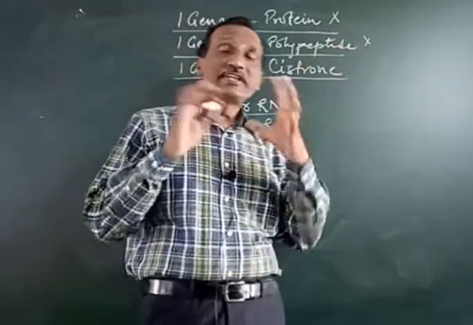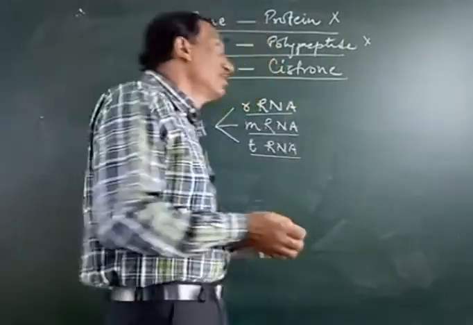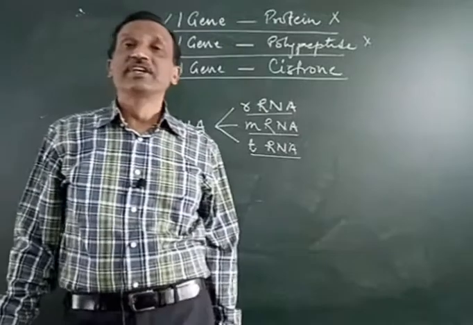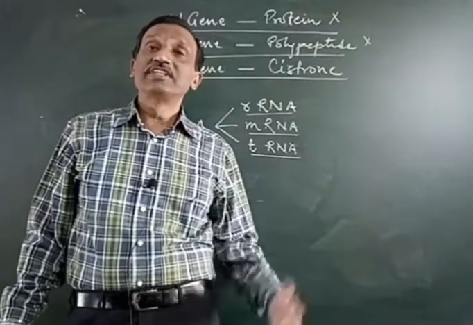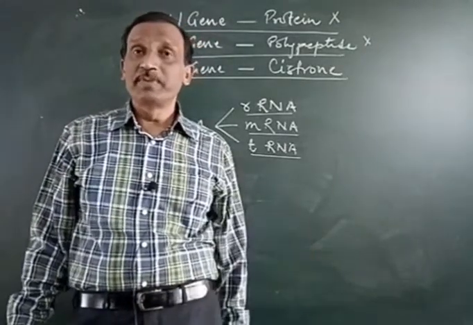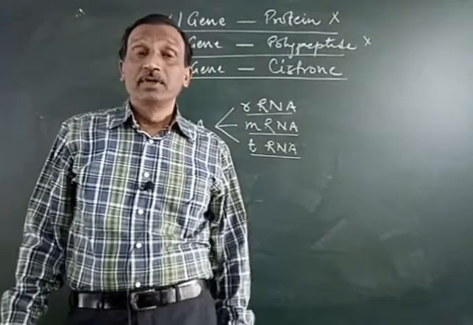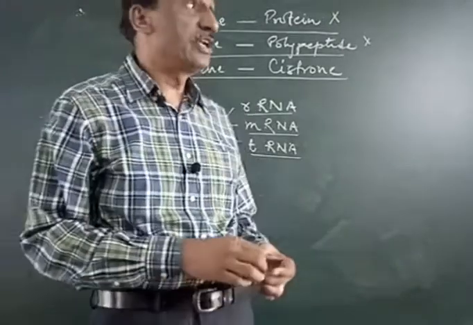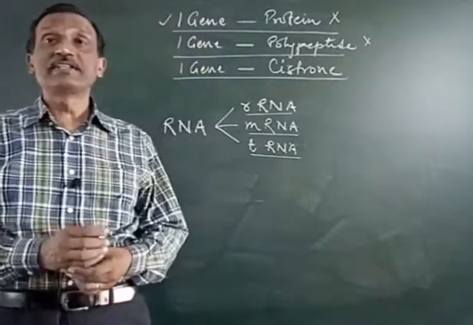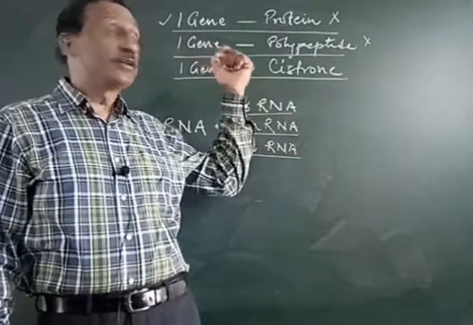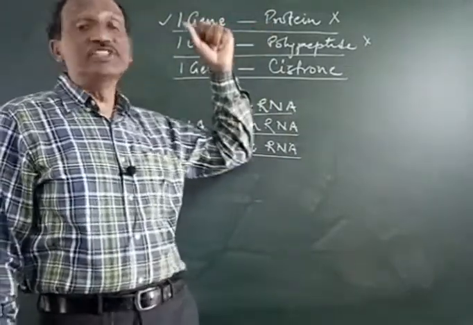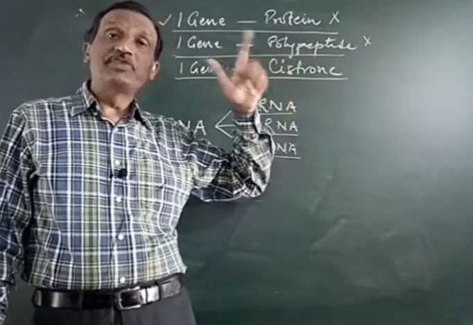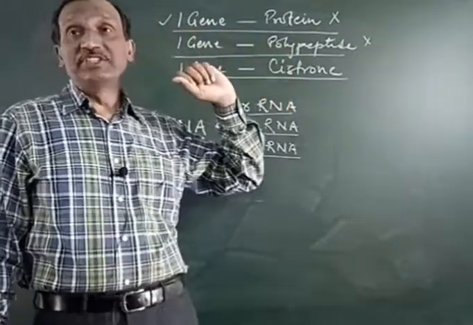So understanding the gene was a very difficult task. The first idea was that one gene actually makes one polypeptide chain, one protein. Later on we came to know that proteins are very large molecules, and since they are large, it may not be necessary that the entire polypeptide will be made by one gene.